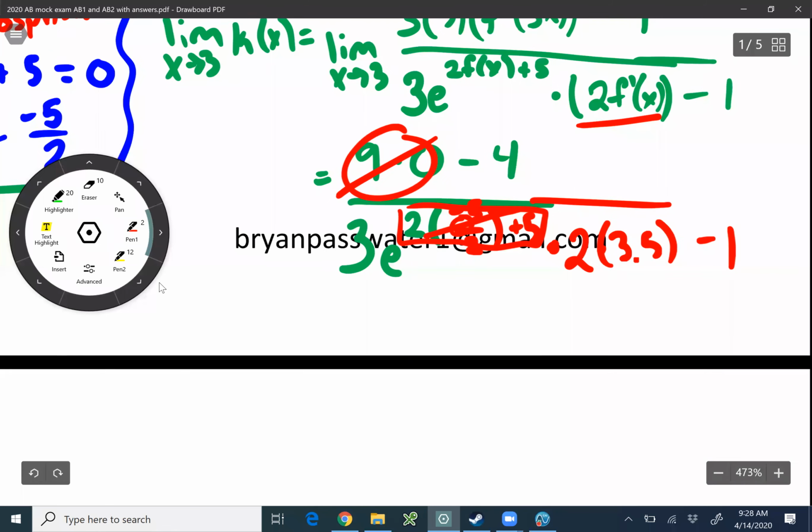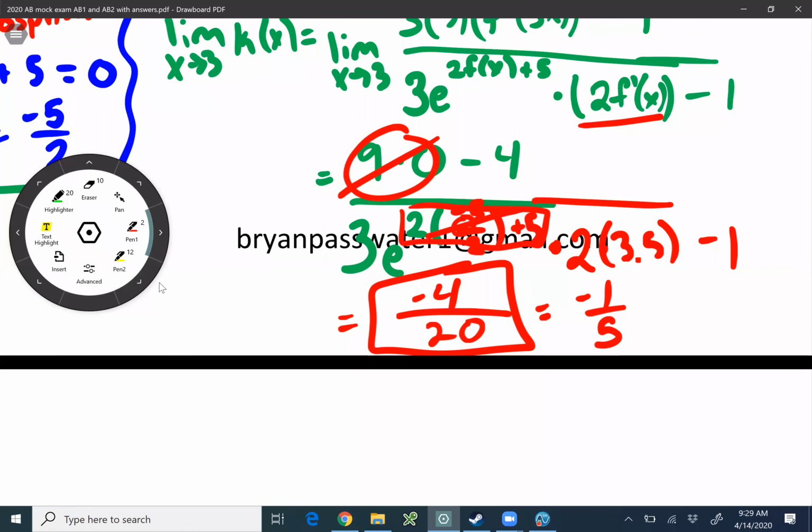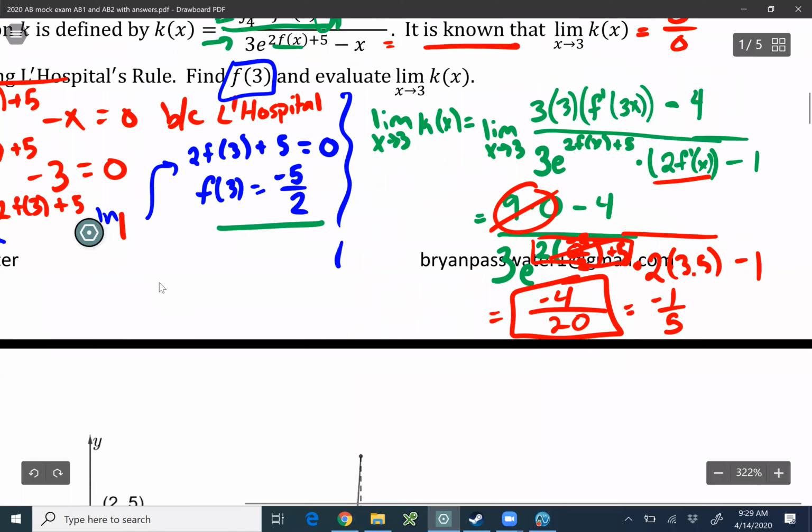So that gives us on top negative 4, and on bottom 3 times 2 is 6, and then times 3.5, you would do it on the side, will be 21. You also do this first. 2 times 3.5 is 7. 7 times 3 is 21. And 21 minus 1 is 20. You can just leave your answer just like that. Okay, which is negative 1/5. You have a calculator, so honestly, I would just plug it into your calculator. I know that one was a little bit funky.